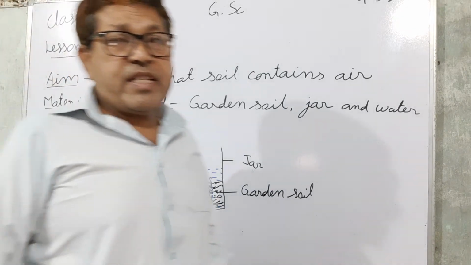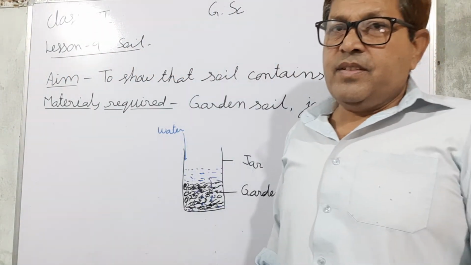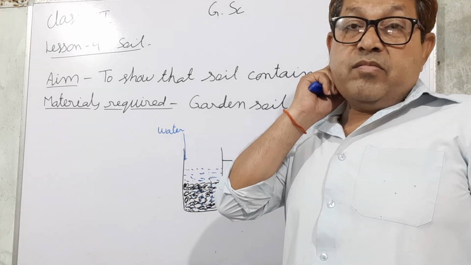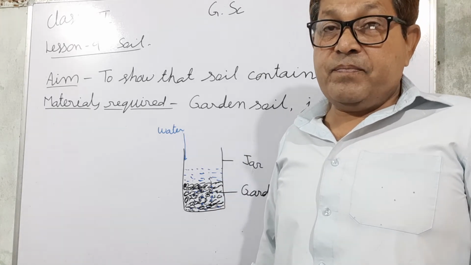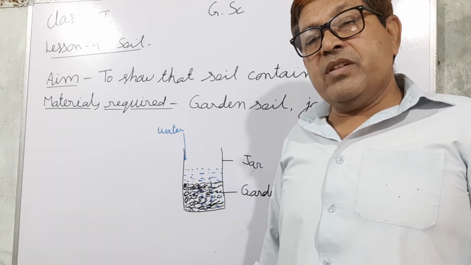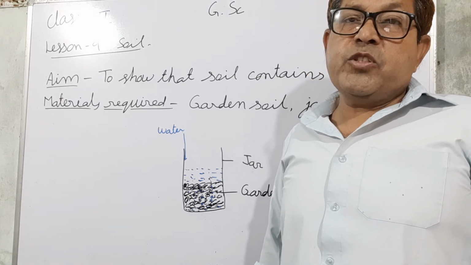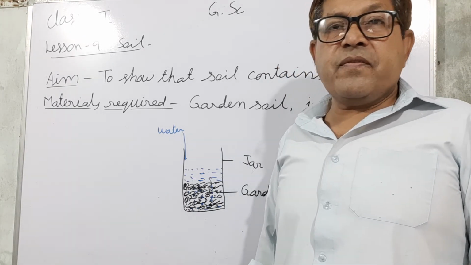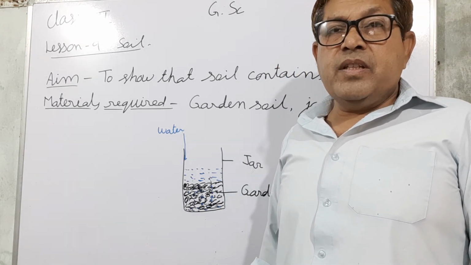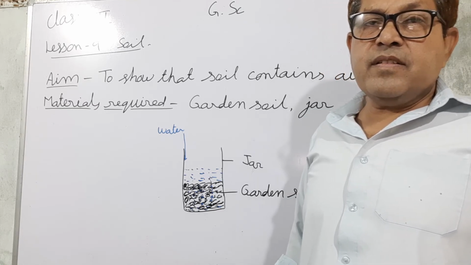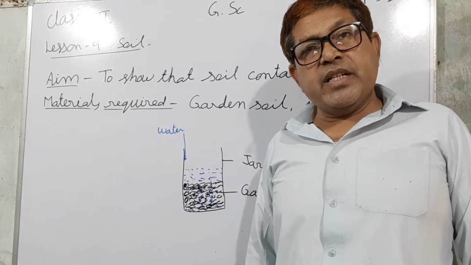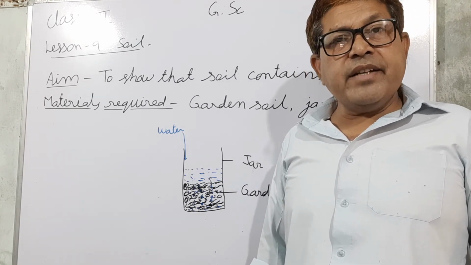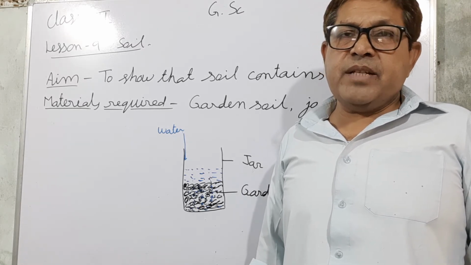From where are these air bubbles coming? Air bubbles are coming from inside the soil. Air is found in between the soil particles, and when the water is filled, the spaces in between soil particles are occupied by the water, and air escapes.